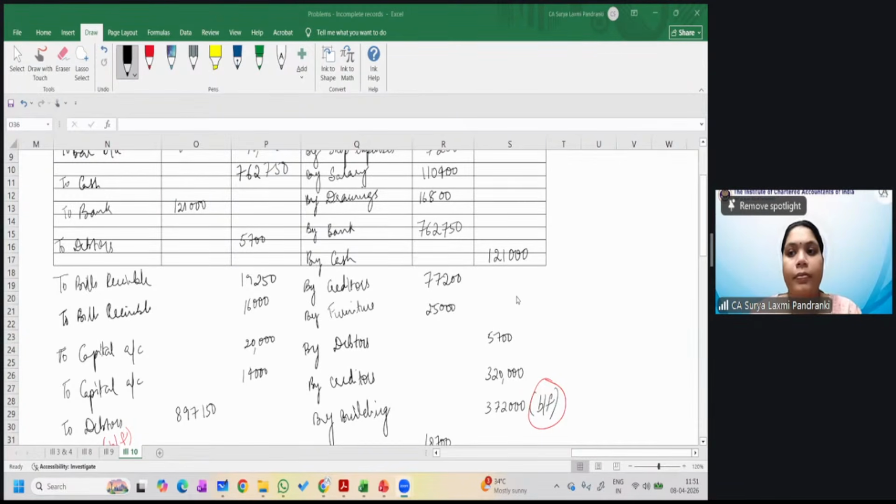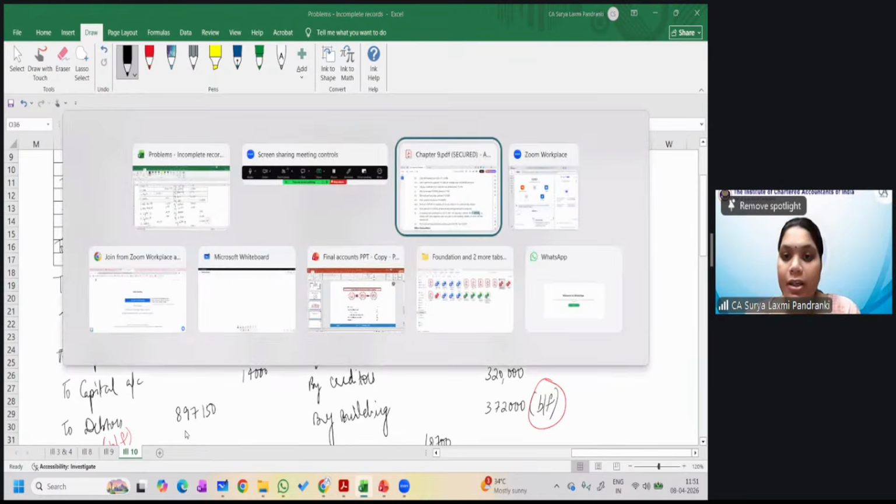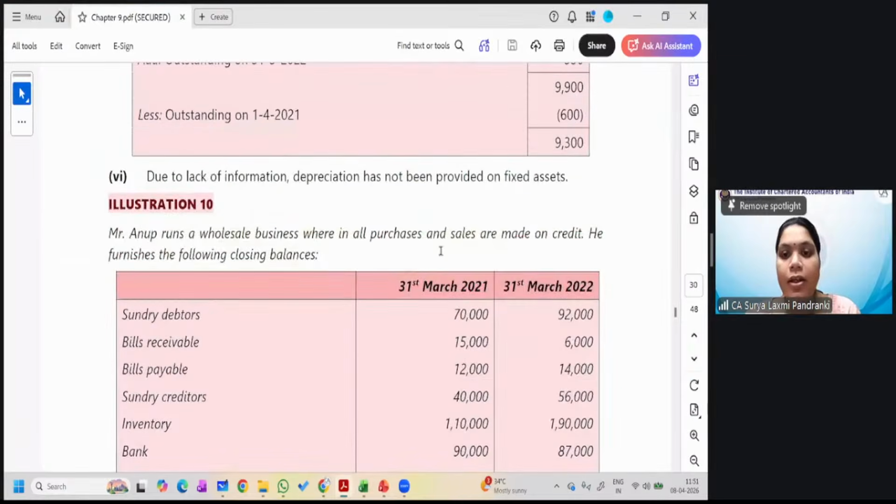Ma'am, you said the balancing figure of 8,97,150 could be cash sales. Not cash sales, cash received from the customers. In the initial question itself, they clearly mentioned that all are credit, so there won't be any cash sales. That must be why it is received from debtors, right? Yes, it is the payment received from debtors.